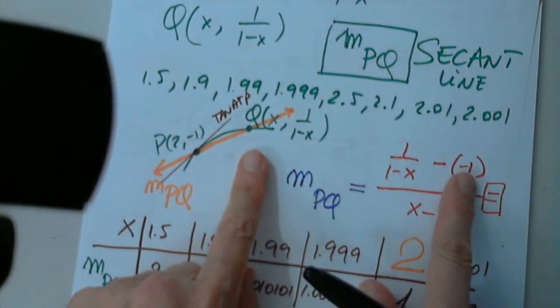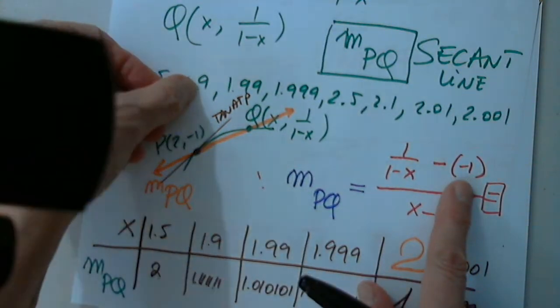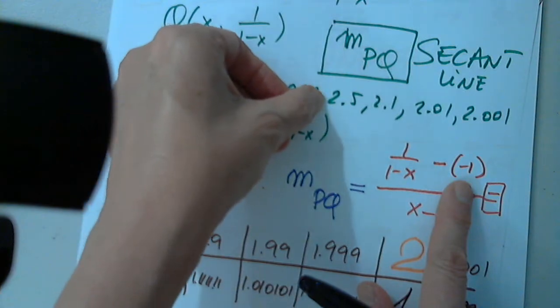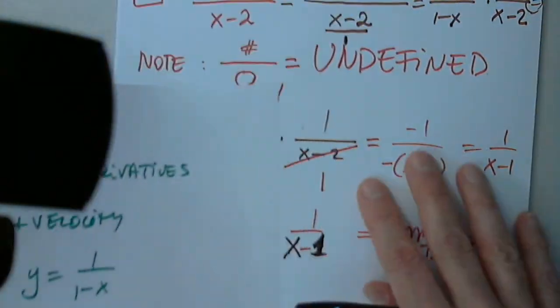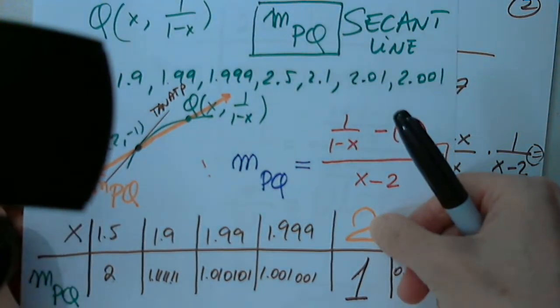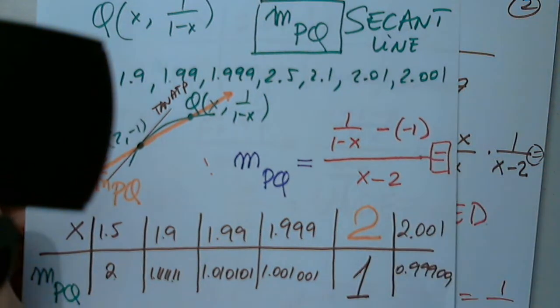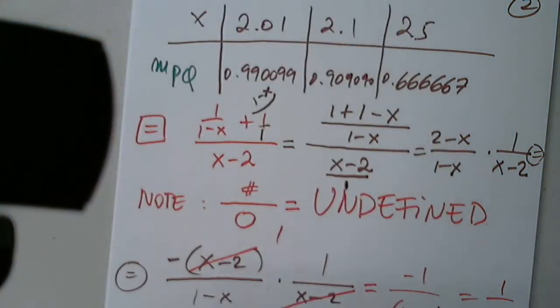That's what we did. We started at 1.5 and we got to 2. We started at 2.5 and we got to 2. Any questions?